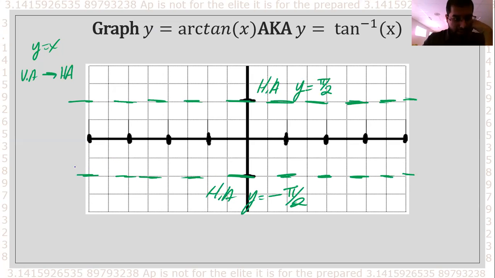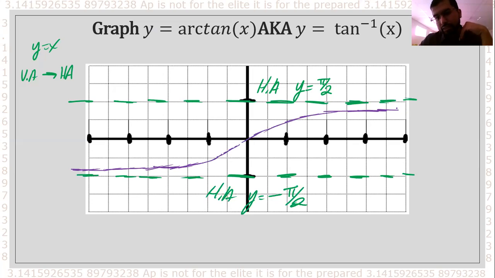So this graph is limited and very restricted to these horizontal asymptotes. And we can see that this right here is my arctangent. So just make sure you have your arrows. So we have something like this.